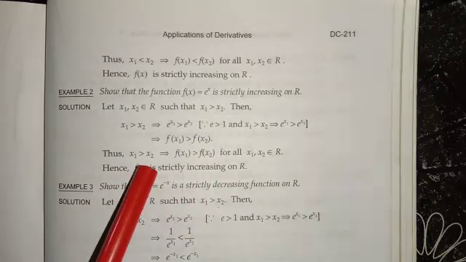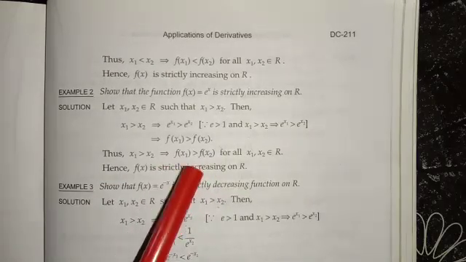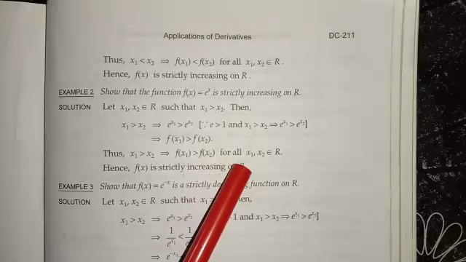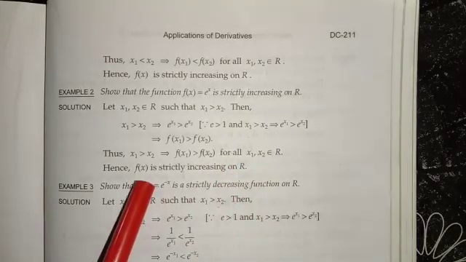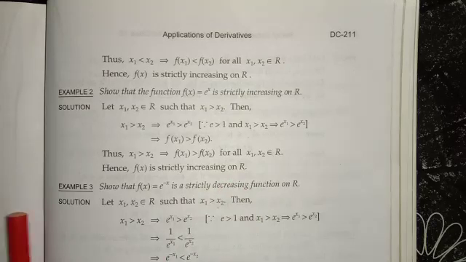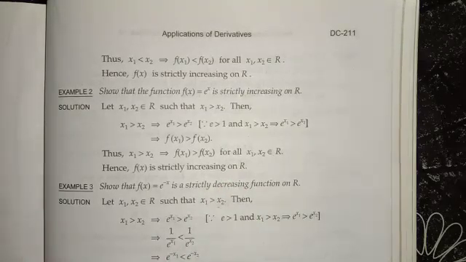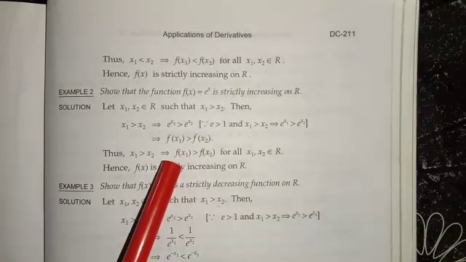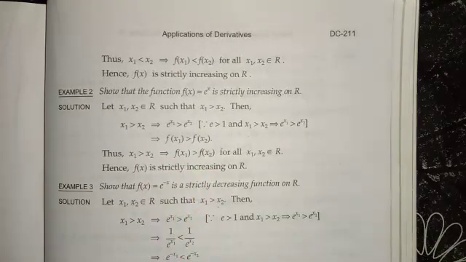Thus x1 greater than x2 implies f of x1 greater than f of x2 for all x1, x2 belonging to R. Hence f of x is strictly increasing on R. If x1 is greater than x2, then f of x1 should be greater than f of x2, then it is increasing.